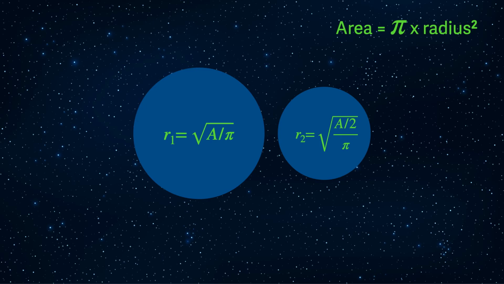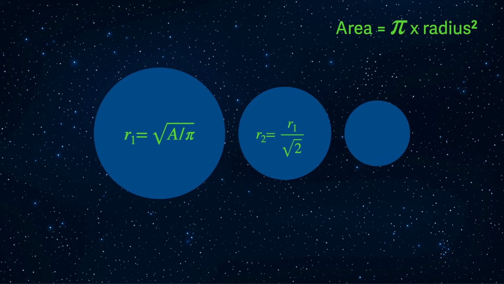Another way of writing this would be to say that r2, or radius 2, equals the square root of A divided by pi, divided by the square root of 2. Notice that the numerator, the top part, equals the radius of the previous circle, so we could say that radius 2 equals radius 1 divided by the square root of 2. And then we can repeat this a number of times to get a sequence of circles where each circle in the series is exactly half the area of the one preceding it.